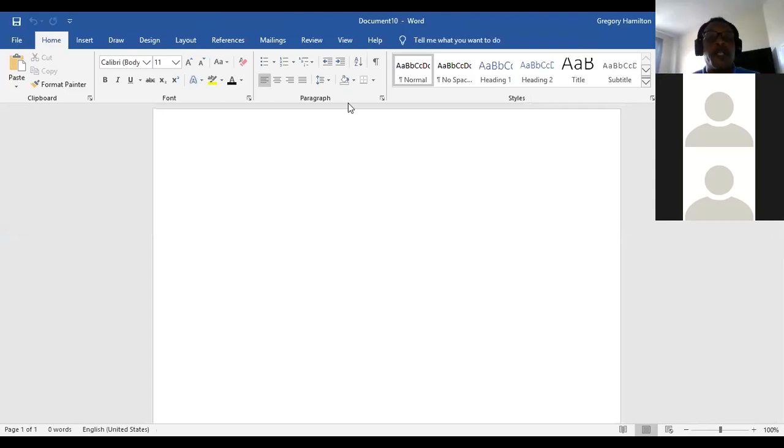All right, so we're going to start with a balance sheet. First, we're going to start with assets, and we're going to start with current assets.